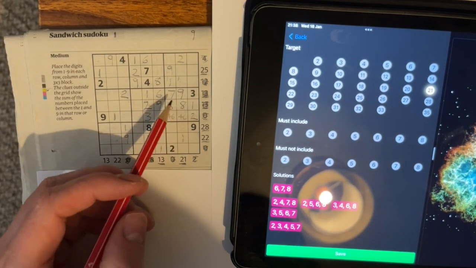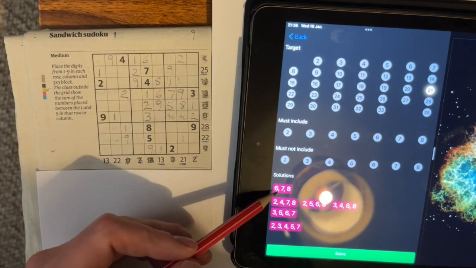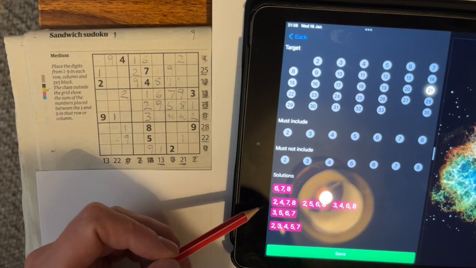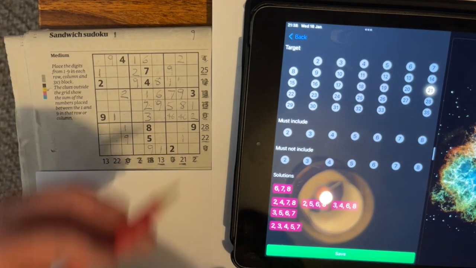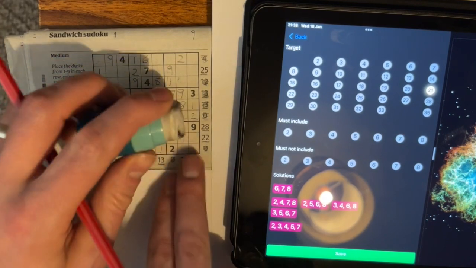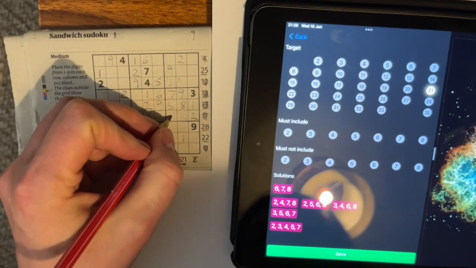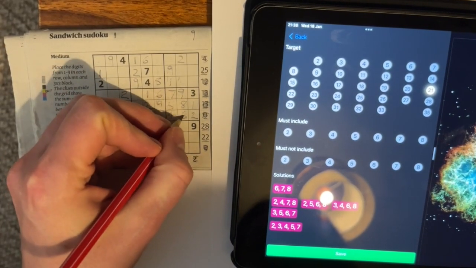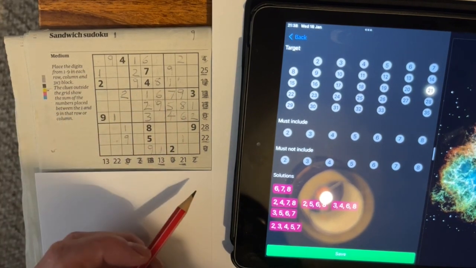And now we carry on. So this is a 4 or a 6, and again, there's no 4s, so it has to be a 6. So this will be 46. And we've already solved our first segment.